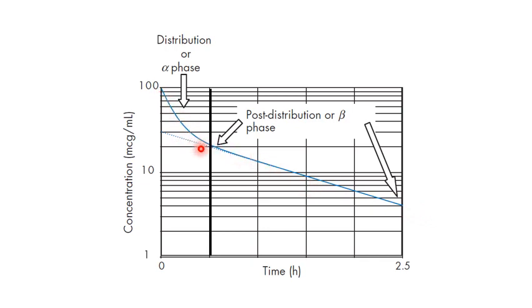Here, for this drug, it has around two straight lines, this one for the distribution phase and this one for the elimination phase. So this plasma concentration time curve is called biexponential, which is representative of the two compartment model rather than the one compartment.